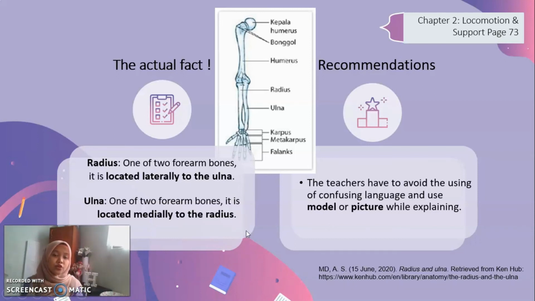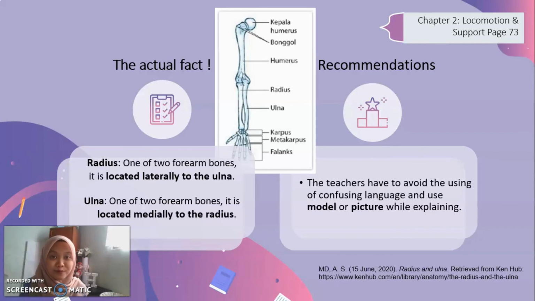So, in order to avoid this misconception, the recommendation is that teachers avoid confusing language and use a skeletal model or picture while explaining this chapter.